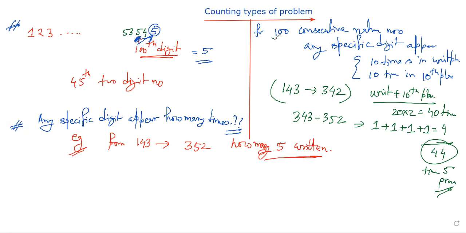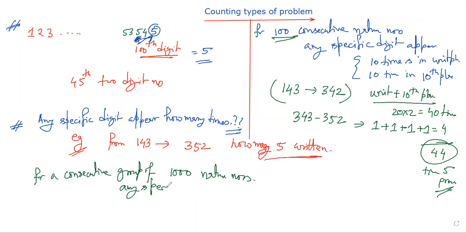In a similar manner, I can also say for a consecutive group of 1000 natural numbers, any specific digit, place-wise we will break it.